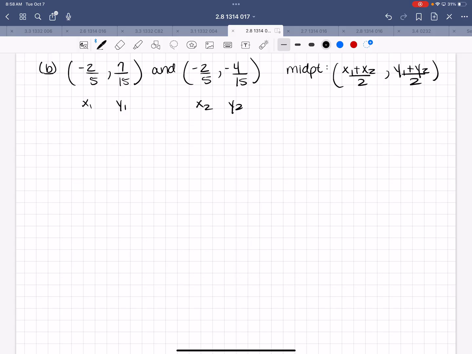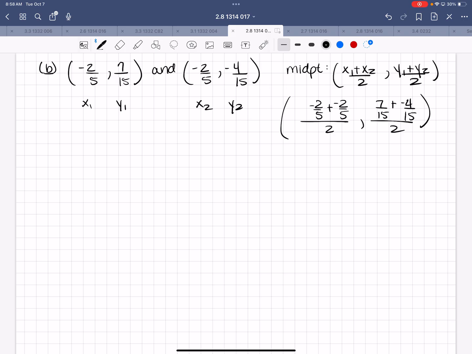So I've got (-2/5 + -2/5) all over 2, and y1 is 7/15, y2 is plus a -4/15, and that's all over 2.